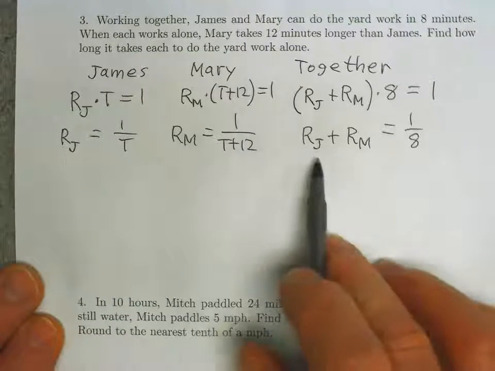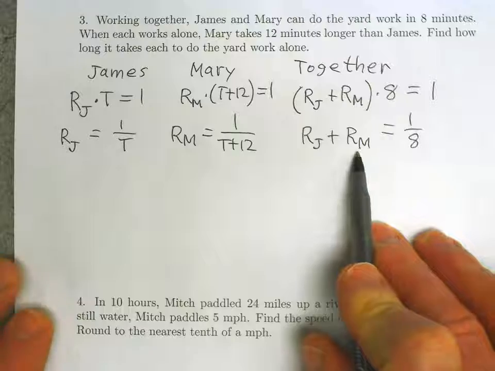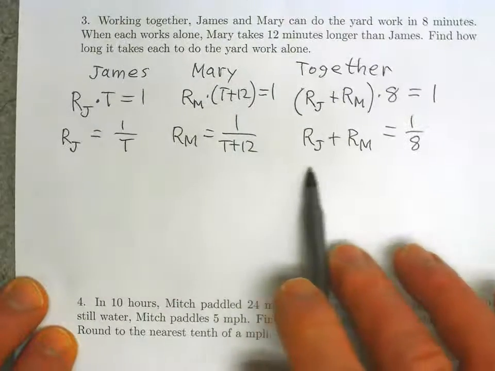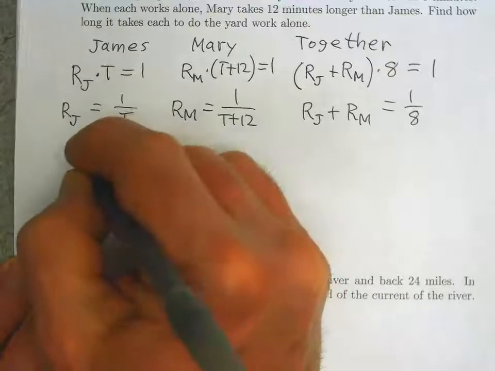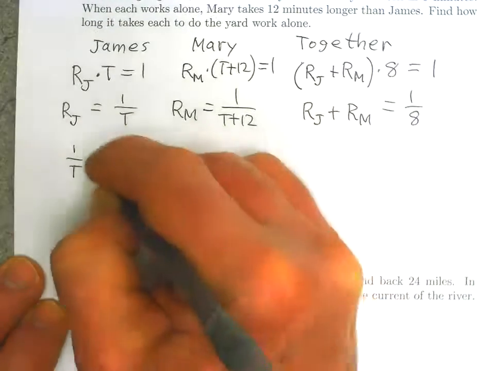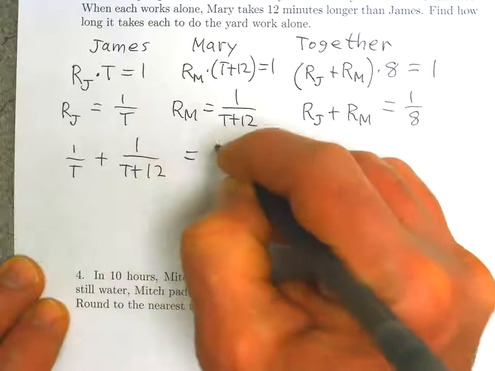Okay, so we replace James's rate with 1 over T, replace Mary's rate with 1 over T plus 12, and those two add up to 1 over 8. So we get 1 over T plus 1 over T plus 12 equals 1 over 8.